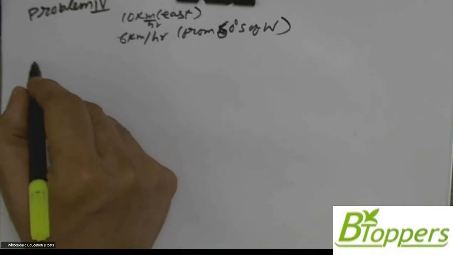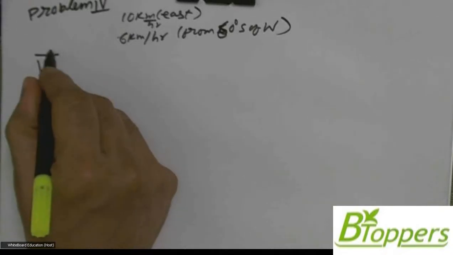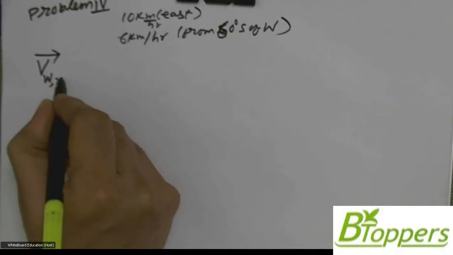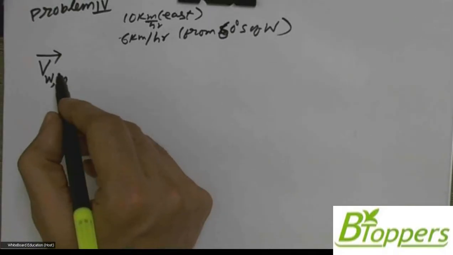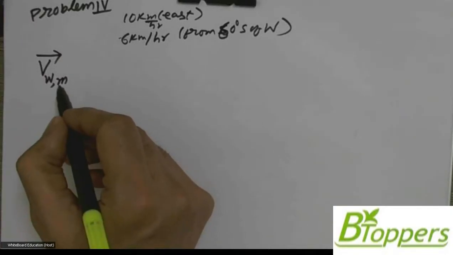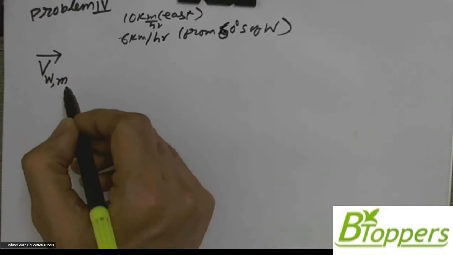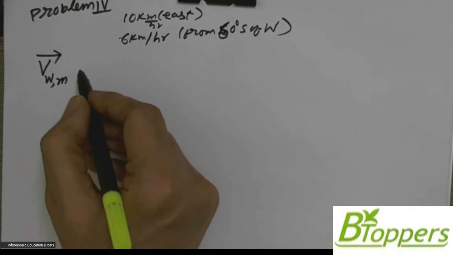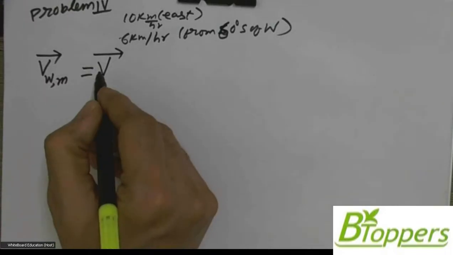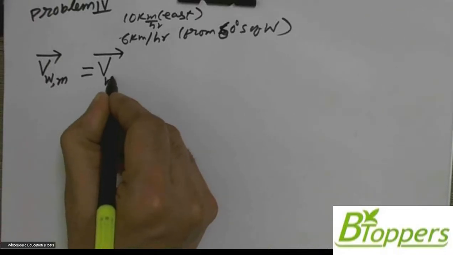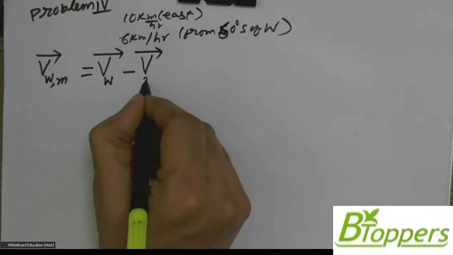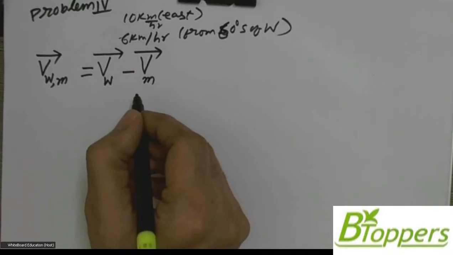Now the relative velocity of the wind with respect to the man, I denote it by V bar subscript W comma M. That can be written as the vector difference of the actual velocity of the wind and the velocity of the man.